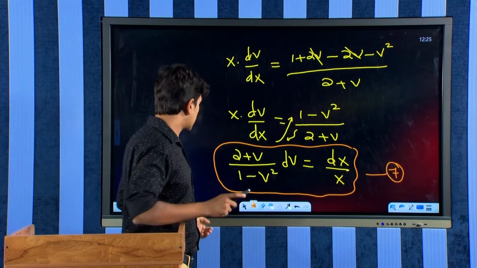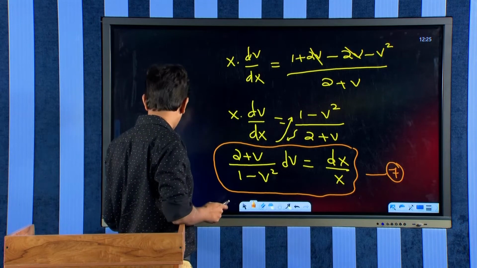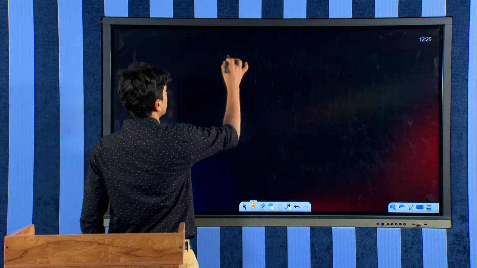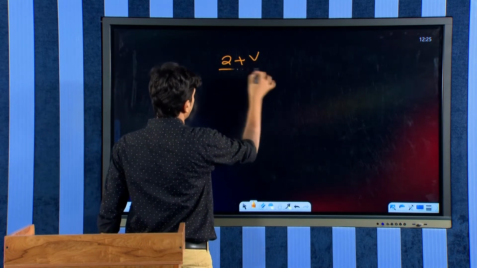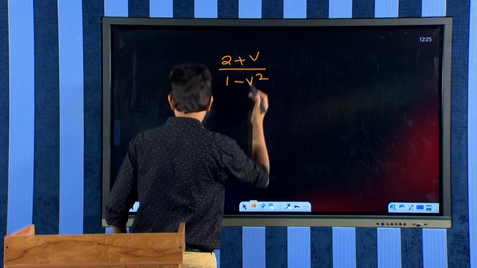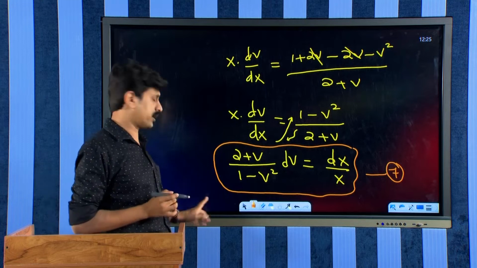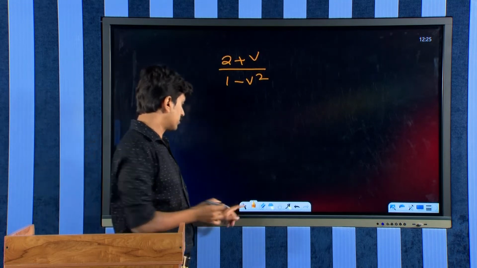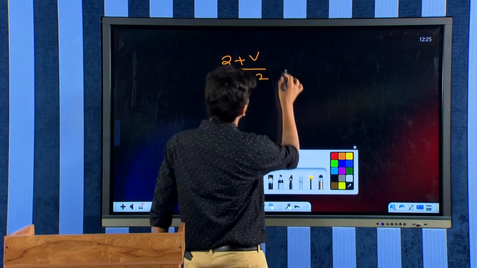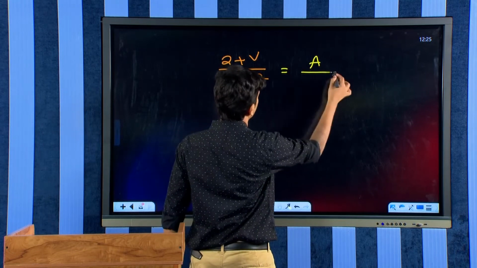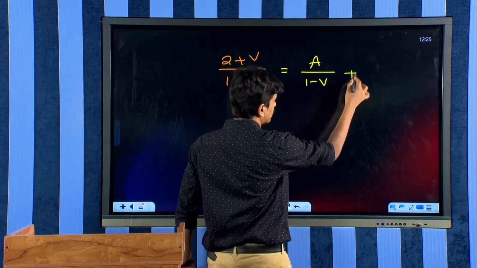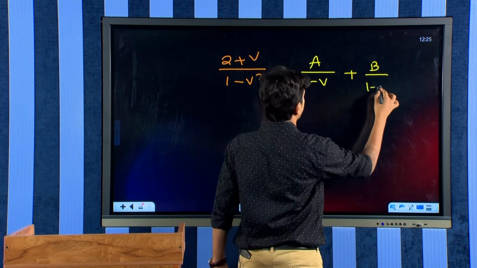See, just write this one, make this a partial fraction. Therefore, 2 plus v divided by 1 minus v square. In the partial fraction method, we can write 2 plus v divided by 1 minus v square as a divided by 1 minus v plus b divided by 1 plus v.